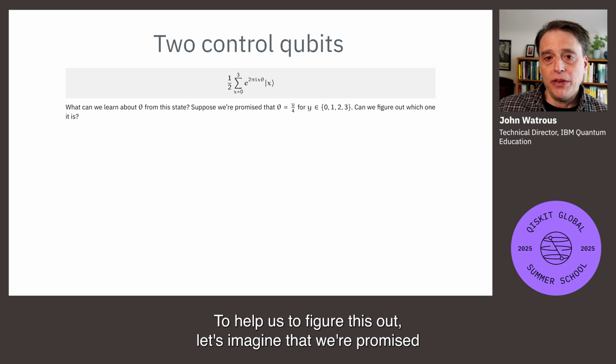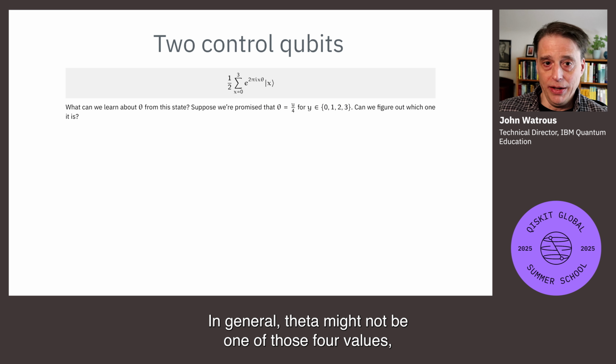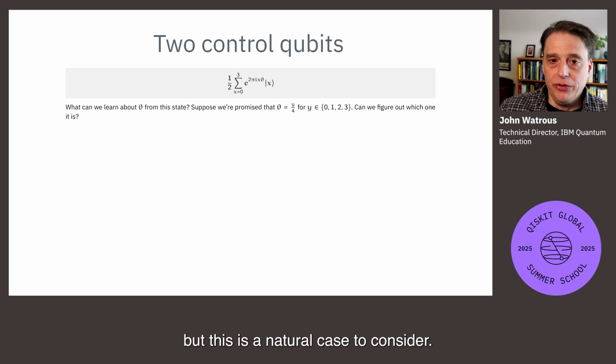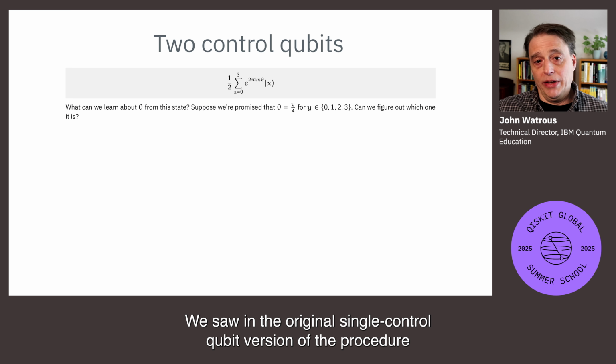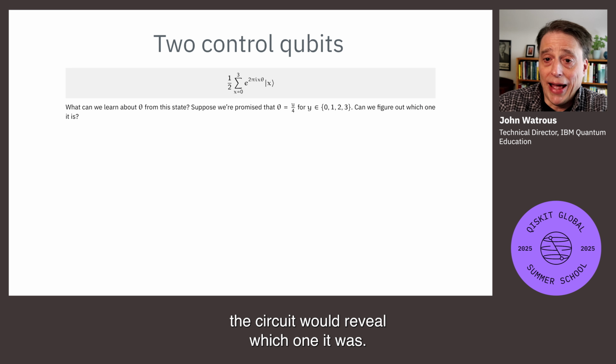To help us to figure this out, let's imagine that we're promised that theta is equal to y over 4 for some integer y between 0 and 3. In general, theta might not be one of those 4 values, but this is a natural case to consider. We saw in the original single control qubit version of the procedure that if we were promised that theta is either 0 or 1/2, the circuit would reveal which one it was.